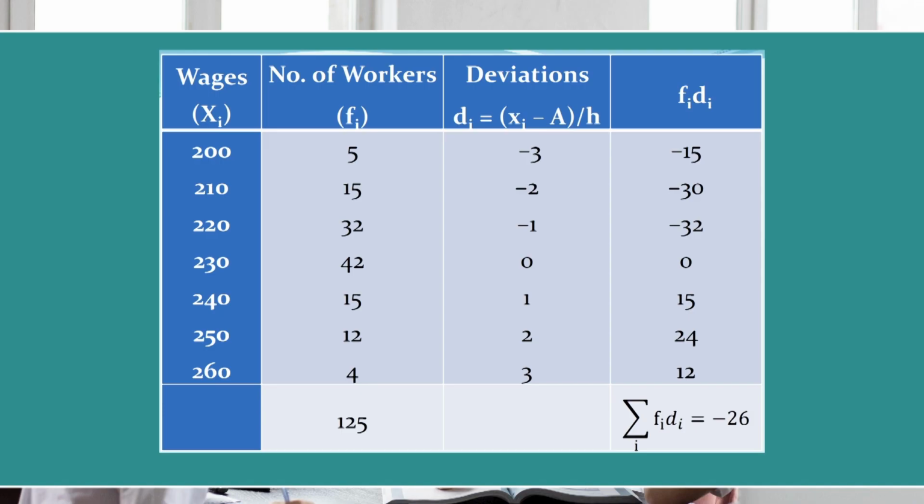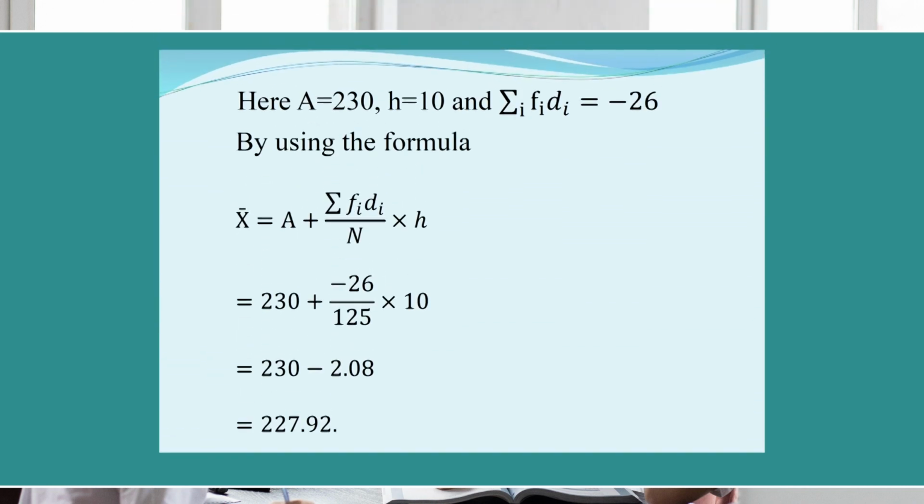In the fourth column, we multiply the deviations with the corresponding frequencies, and at last we calculate the summation of fi di, which is minus 26, and summation fi, that is capital N, is 125.